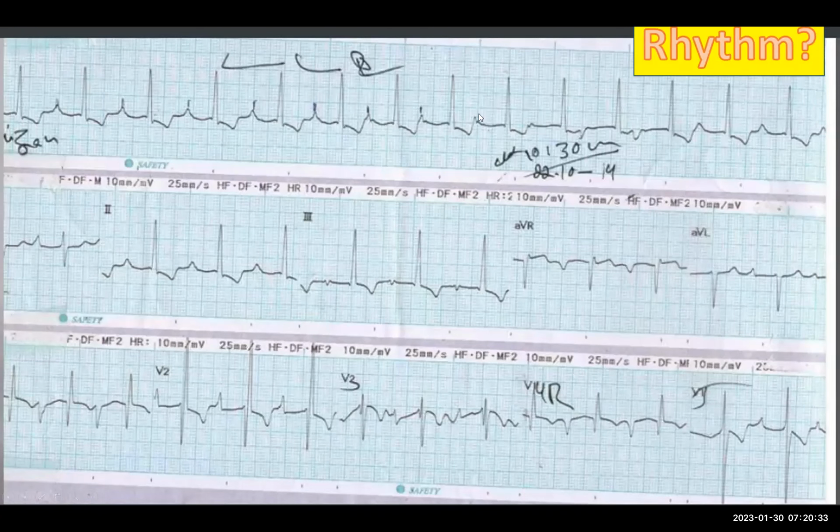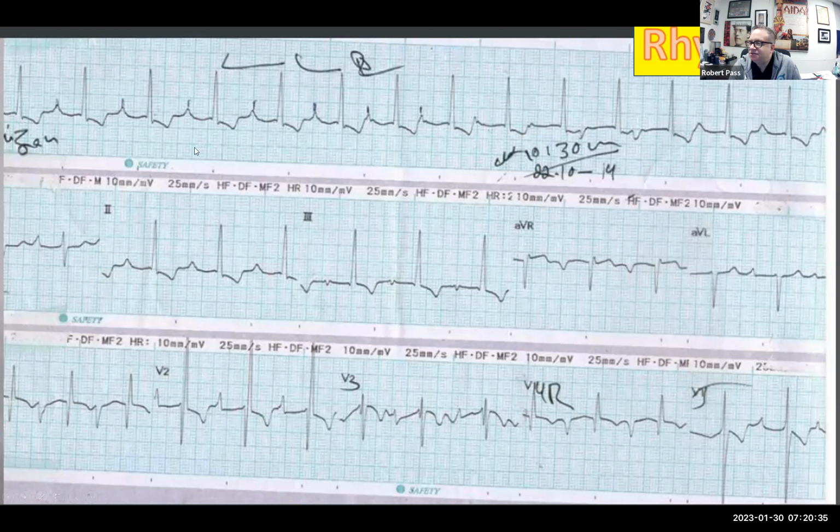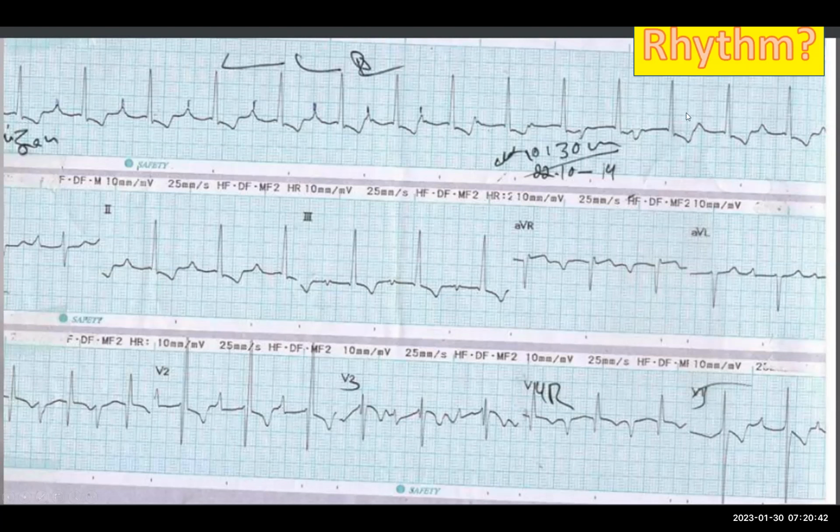But in these beats, it appears as if there's a relationship between the P and the QRS. But then over here, the QRS continues straight on at the exact same rate as the beginning, or pretty similar to the beginning.